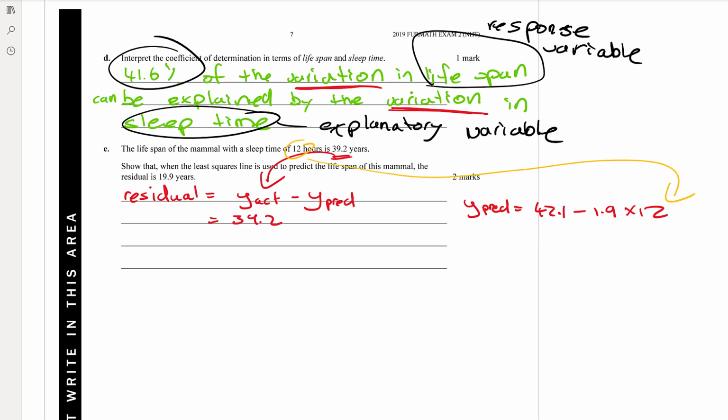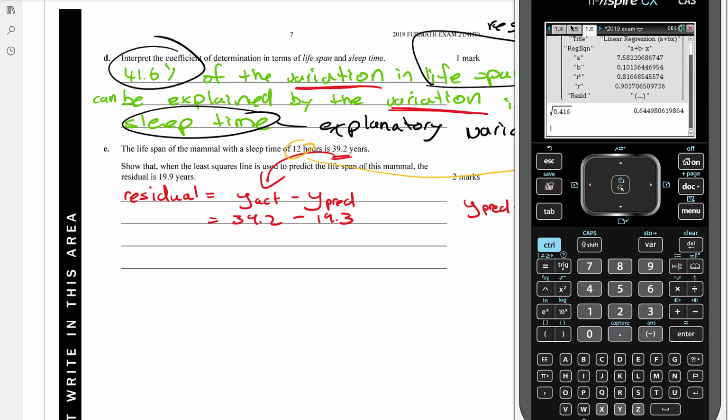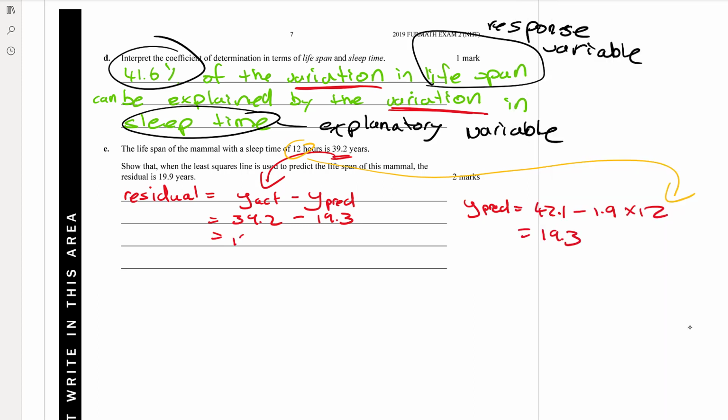So 42.1 minus 1.9 times 12 gives me a value of 19.3. So that's what I put here, 19.3. And just to check that, on the calculator, 39.2 minus 19.3 is going to give 19.9, and we've just finished that answer. Okay, so that's question 4 done.